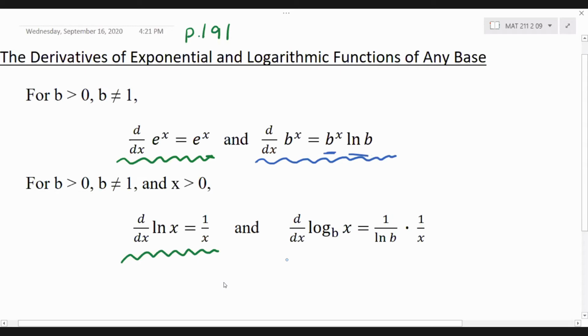And if we're taking the derivative of any log, so log base b, we still have that 1 over x in it, but then we also have to multiply by 1 over ln b. So each of these still has that core part. If we're doing the derivative of an exponential, the starting exponential will still be there, there's just a little more. And if we're doing the derivative of a log, we'll still have the 1 over x part, but there's a little more.